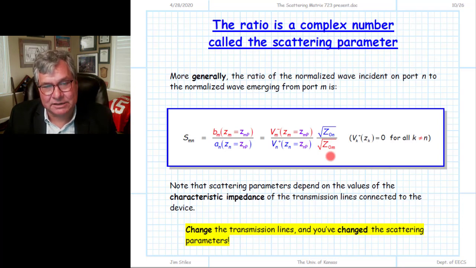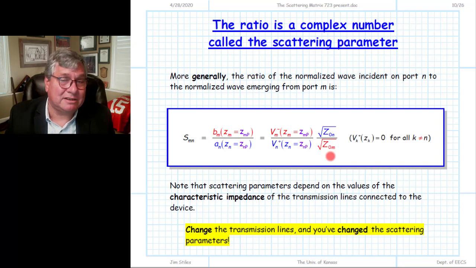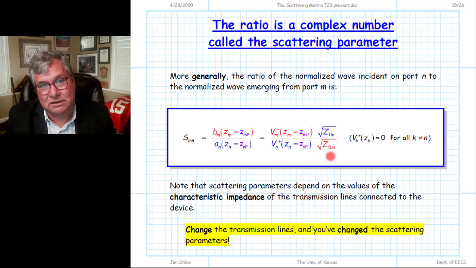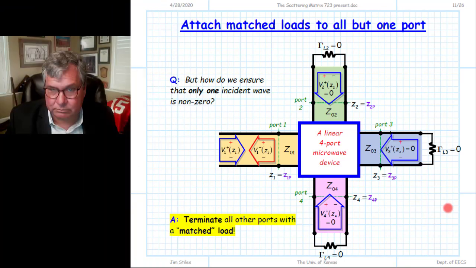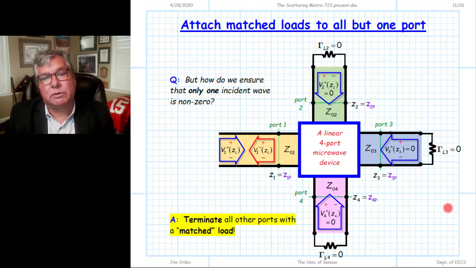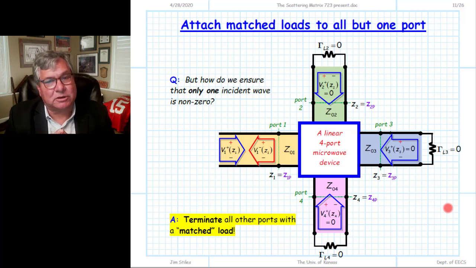The scattering matrix characterizes the device itself in terms of the transmission lines connected to it. They all have to be evaluated together. And again, if we change the transmission line characteristic impedances without changing the blue box, or the circuit itself, we will end up with different scattering parameters. So we might ask ourselves, how do we ensure that there's only one incident wave on a multi-port device?